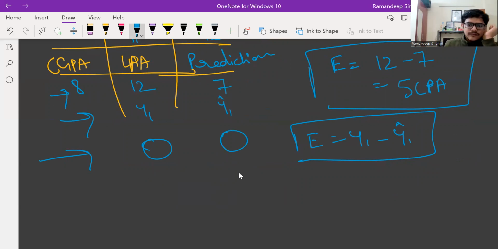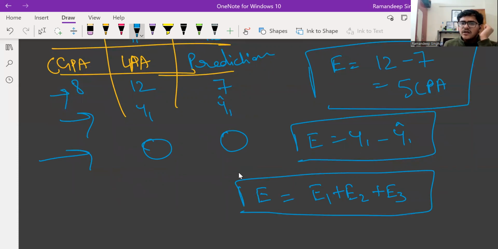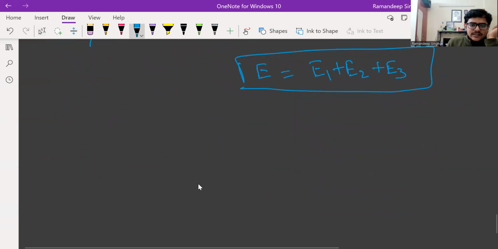So this could be error 1 plus error 2 plus error 3. This will be my total error of my graph or my model. So I can represent it as summation of yi minus yi hat.